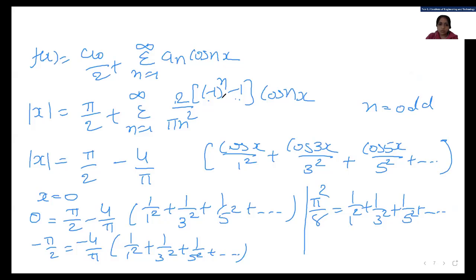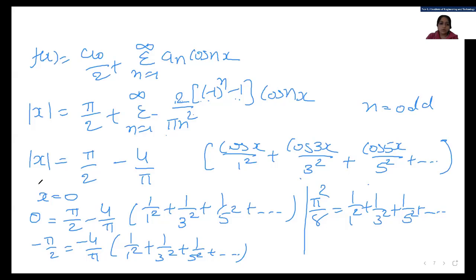For n equal to odd, this one is minus 1, so minus 1 minus 1, that is minus 2. Minus 2 into 2, that is minus 4. So we keep minus 4 out of the summation, that is minus 4 upon pi. And if we apply odd n, that is cos x upon 1 square, cos 3x upon 3 square, cos 5x upon 5 square, like that.